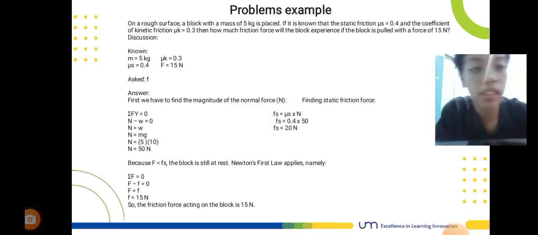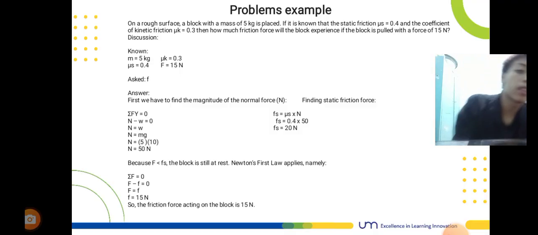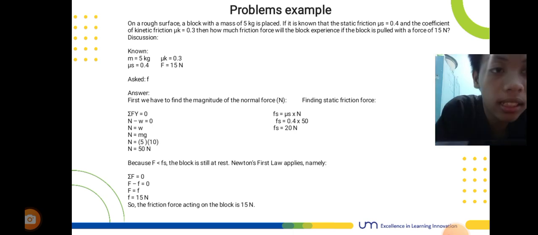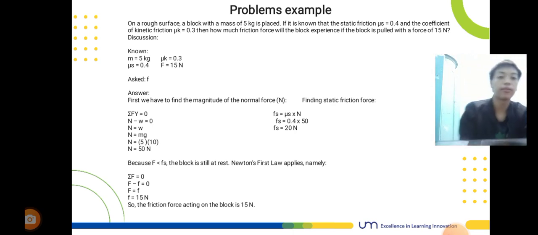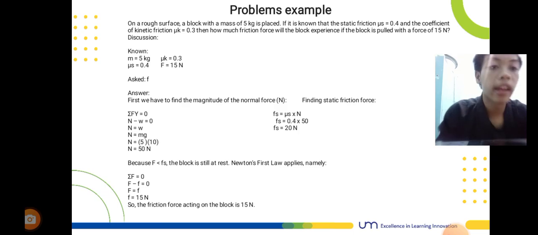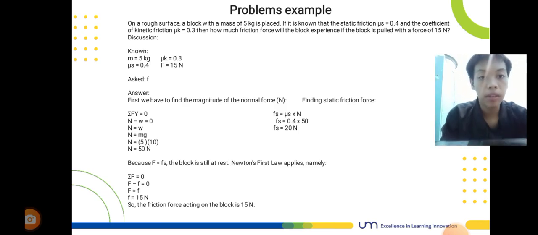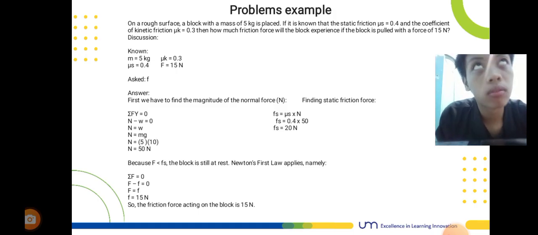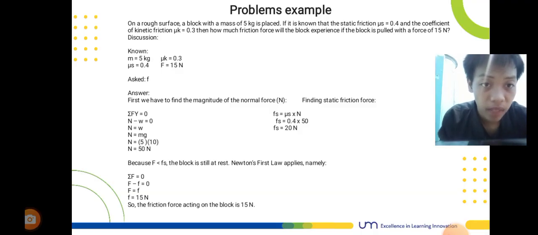Finding the static friction force. Fs equals Us times N, Fs equals 0.4 times 50, Fs equals 20 Newton. Because F is smaller than Fs, the block is still at rest.